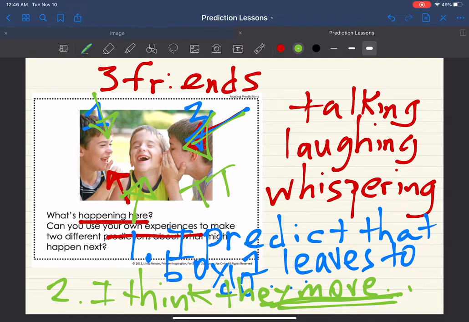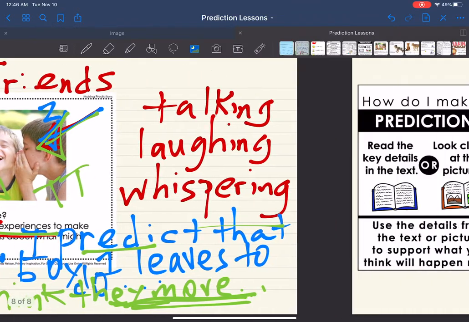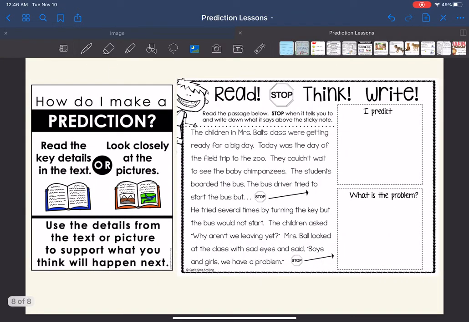So if we look at the different clues, they can help us also make 2 different predictions based on our own experiences, which is called our schema. So boys and girls, today what you're going to do is you are first going to make your own prediction. And how do we do that?